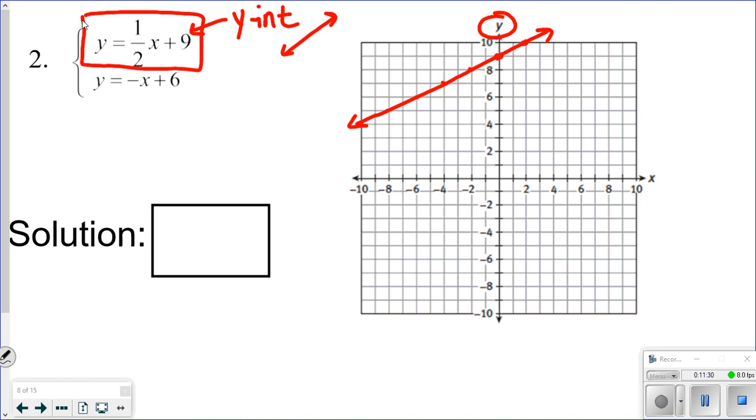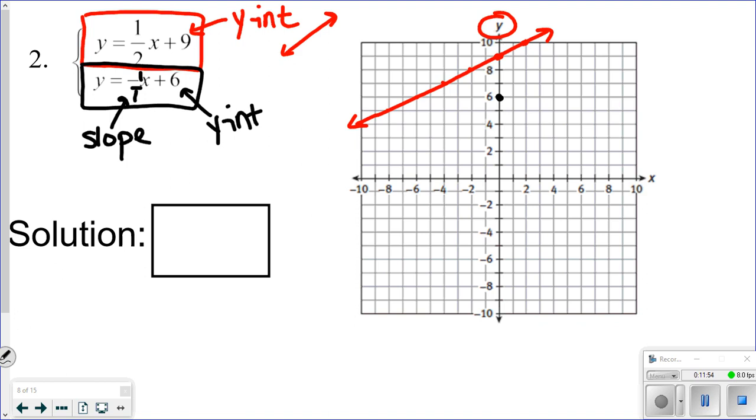My second line is y equals negative 1 over 1x plus 6. So plot our y-intercept first, b value, which is 6. And then my slope is a negative 1 over 1. So I'm rising 1 and I'm running 1.